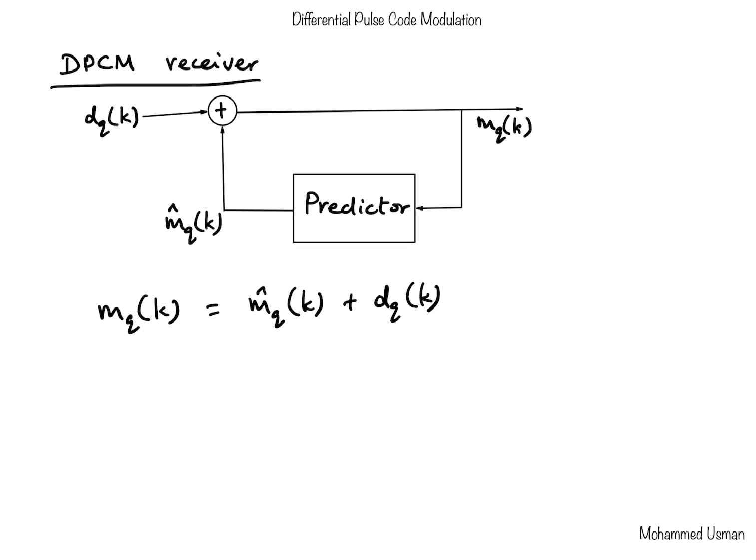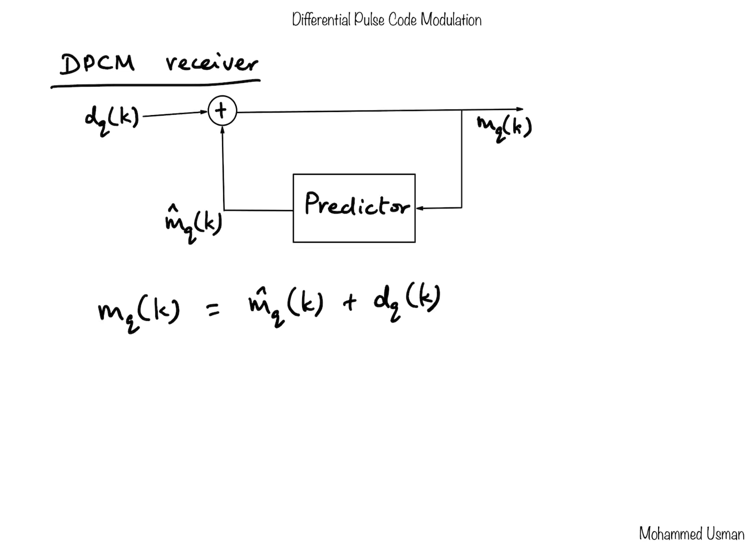Okay, now we've discussed that DPCM indeed gives us an advantage in terms of reducing the quantization noise power, but the next question we need to answer is how much is the reduction in the quantization noise power. So we know that there is a benefit, and we now want to quantify that benefit.